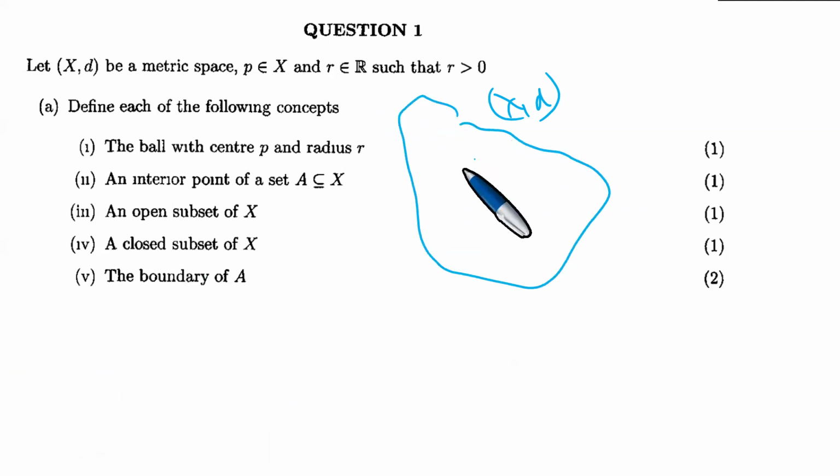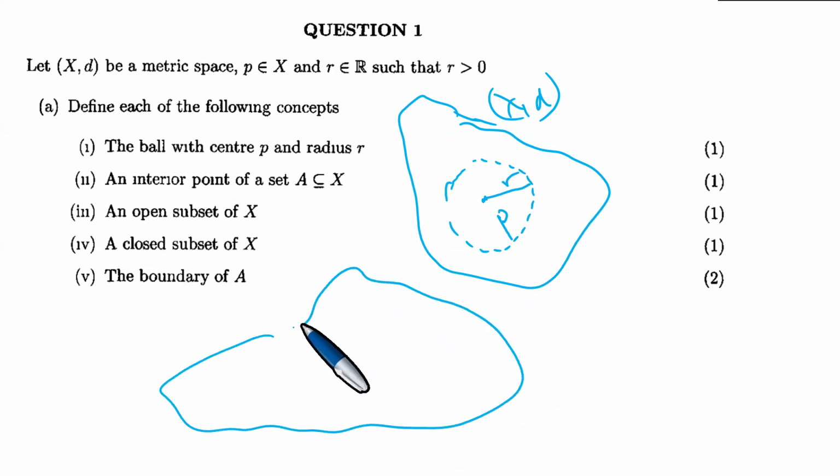If it is the space there, you have inside it P and then R, and then you have the metric space.